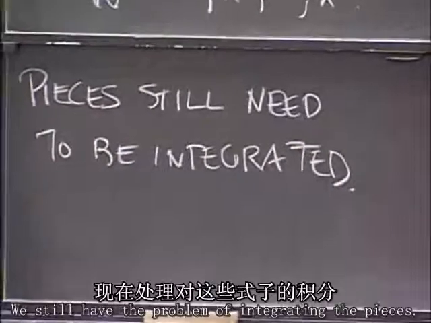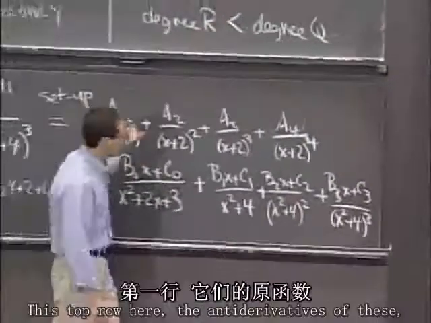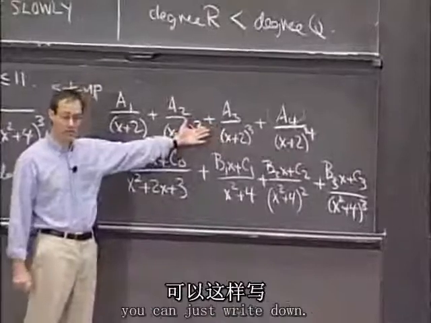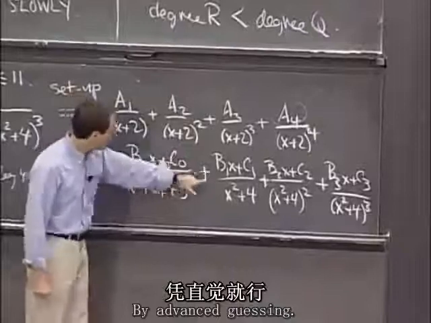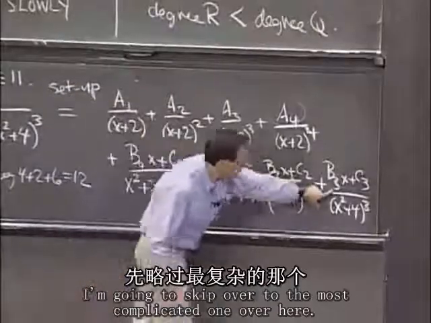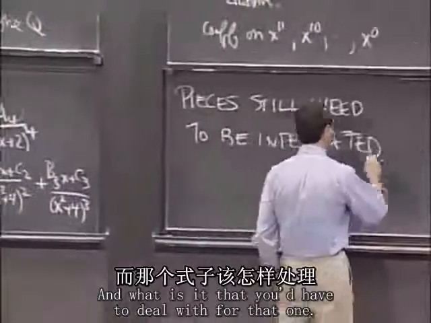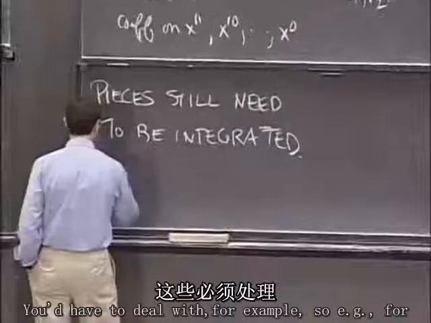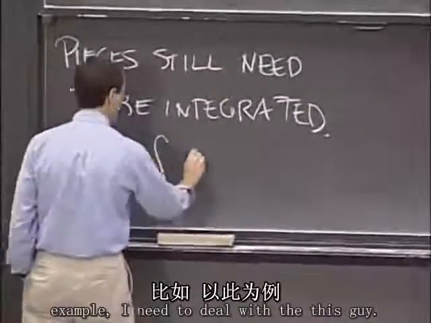We still have the problem of integrating the pieces. Now, some of the pieces are very easy. This top row here, the antiderivatives of these you can just write down by advanced guessing. I'm going to skip over to the most complicated one over here for a second. What is it that you'd have to deal with for that one? For example, I need to deal with this guy.